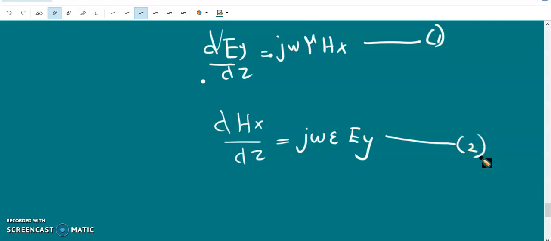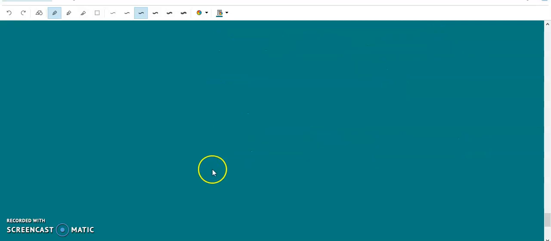So now we have to integrate equation number 1 over y from 0 to d. Integrating equation number 1 from 0 to d over y, we get d by dz of integral 0 to d, the derivative is taken out.